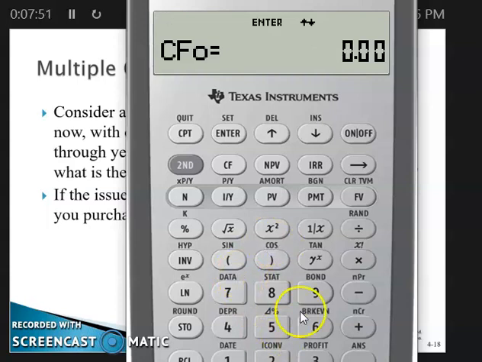It's cut off here. There's no cash flow in period 0, but then in period 1 it's $200. Sorry, C01 is $200.